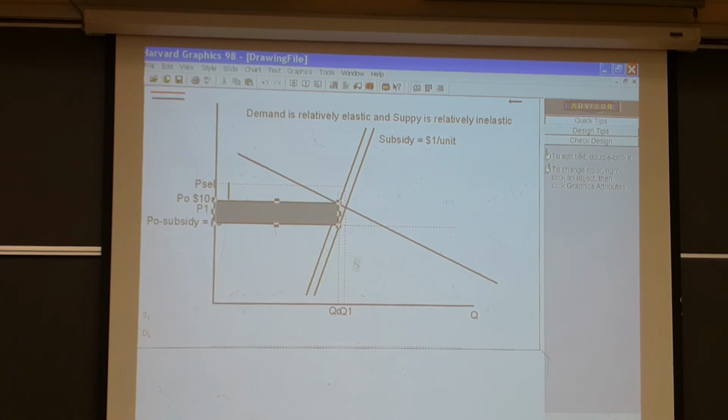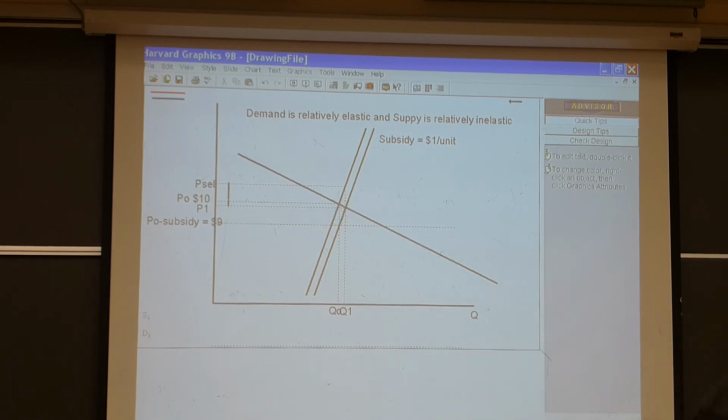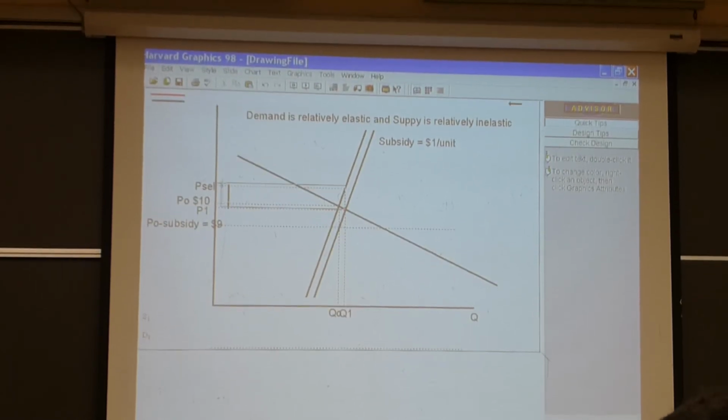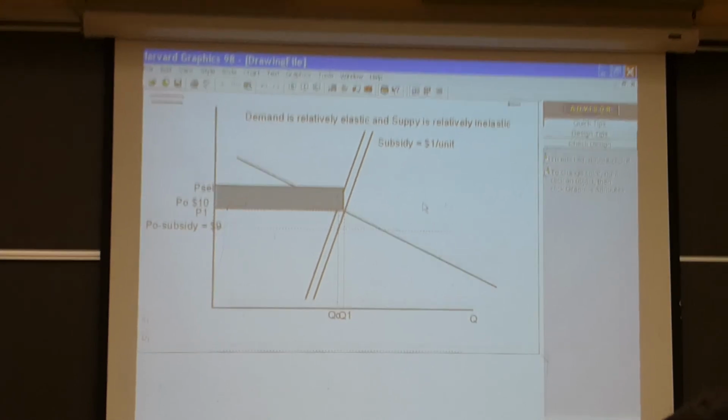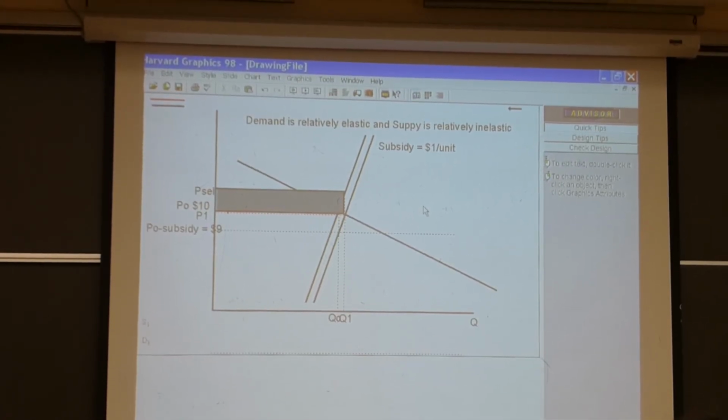But that's not it, because we're not selling Q0. And in magnitude, this is in fact correct, but actually, that's not where the total subsidy is, because the one that we're interested in is here. So this is just a little bit different than the tax. If you understand the tax, you should be able to do the subsidy. Otherwise, you won't be able to do it. You just sort of copy it.